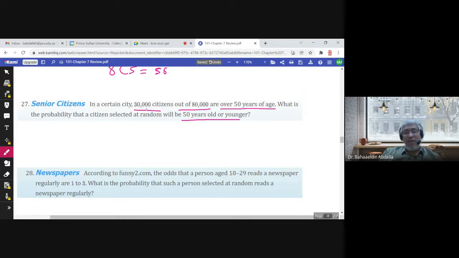That's 50,000. So the probability is 50,000 over 80,000. Or you can say 1 minus 30,000 over 80,000, because this is actually the complement of over 50 years of age.